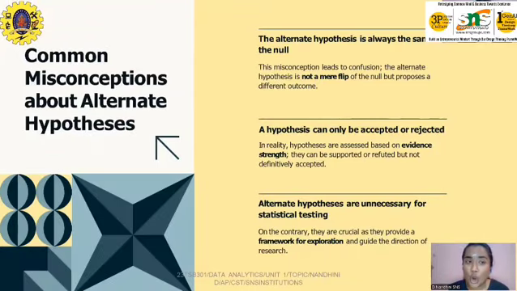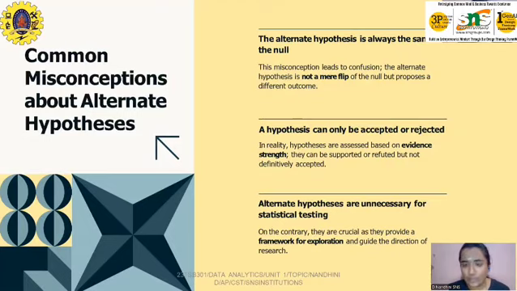So next is common misconceptions about the alternative hypothesis. The first is that the alternative hypothesis is always the same as the null hypothesis. This misconception leads to confusion. The alternative hypothesis is not a mere flip of the null but proposes a different outcome.